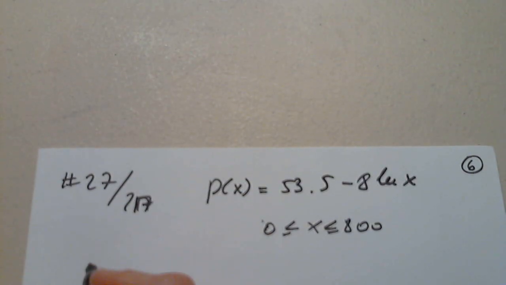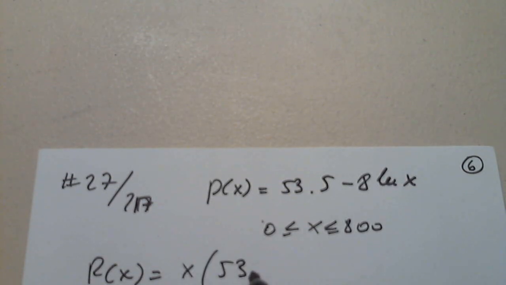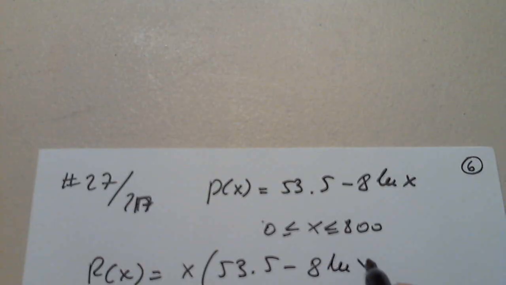Total revenue, R of X, is given by the price times the number of units we sell. So X multiplied by 53.5 minus 8 natural log X. Find the revenue.